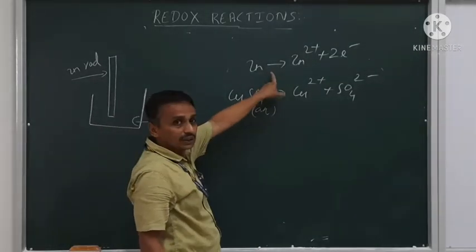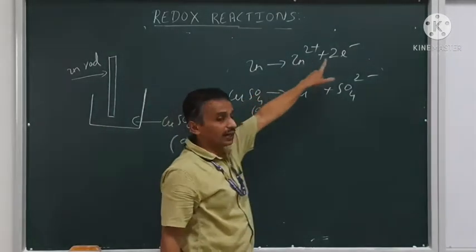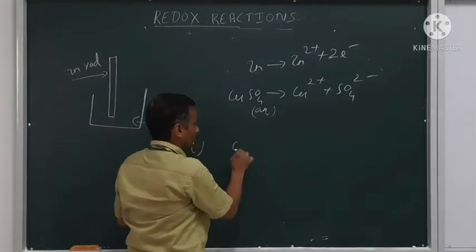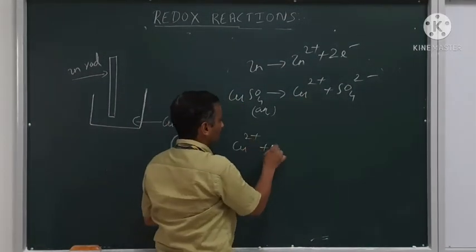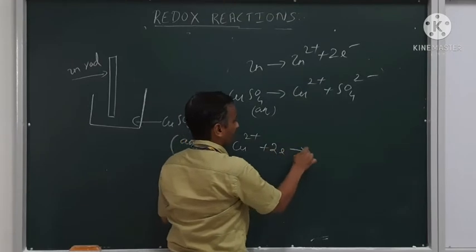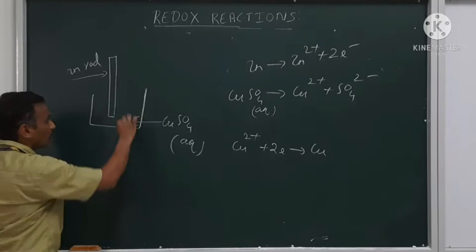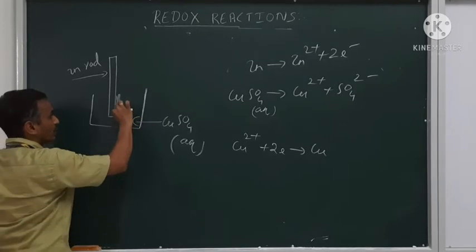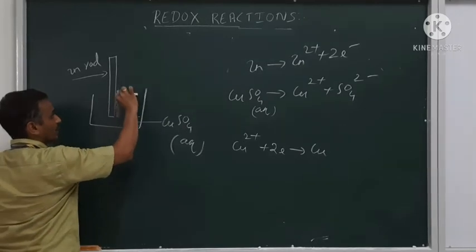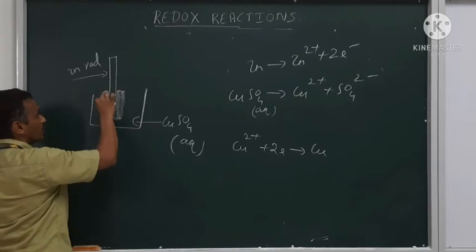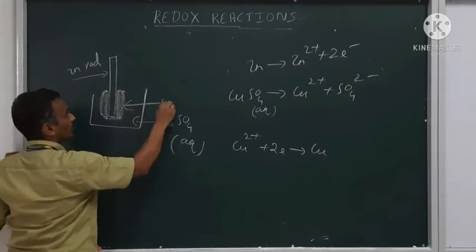Now, zinc is giving the electron and the Cu2+ needs the electrons over there. So Cu2+ takes up those electrons and is converted into copper. Means over this zinc rod there will be a deposition of copper.